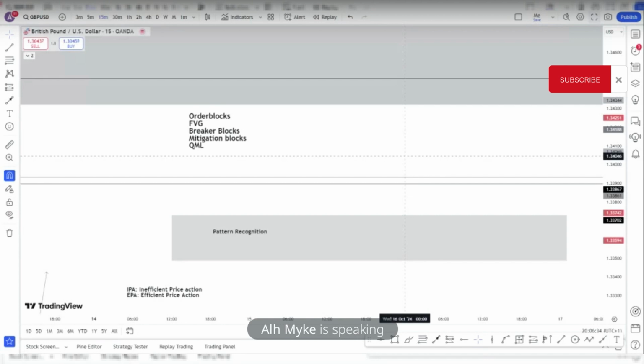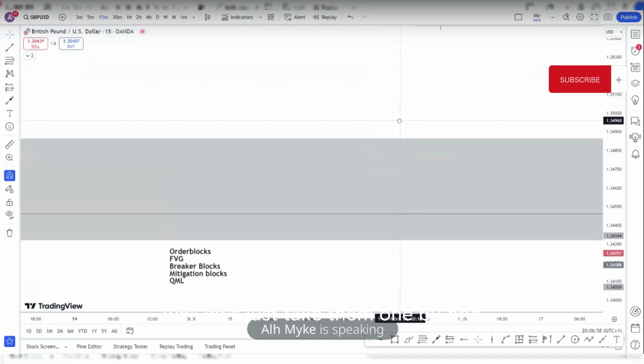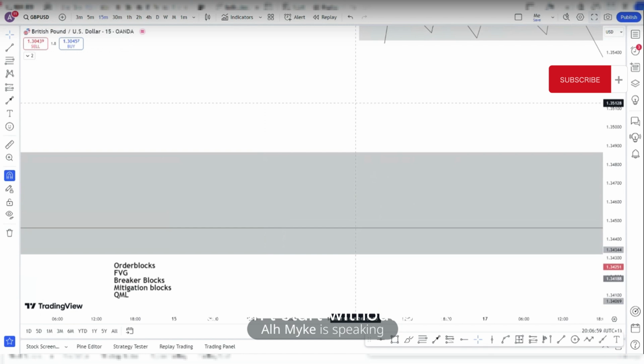Now, I believe most of you have already heard about most of these entry models in the past. Most of you know what order blocks are, what FVGs are, what breaker blocks are, and mitigation blocks, though a lot of people don't use mitigation blocks these days. Most of you would also know what QMLs are. But let us take them one by one. We're going to start with order block.